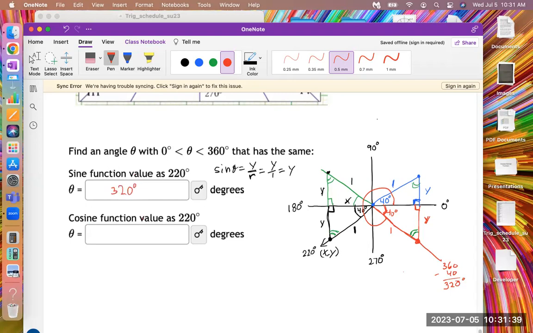And then it says find the cosine function that has the same value as 220. Well, cosine is also just a ratio of sides of the triangle. So all we need to do is the same thing. We need to build a triangle that's exactly the same, congruent to the original triangle.